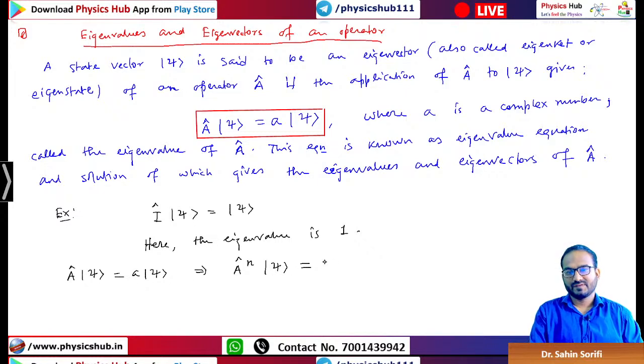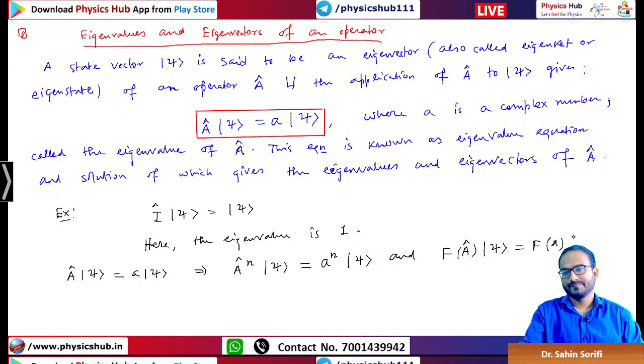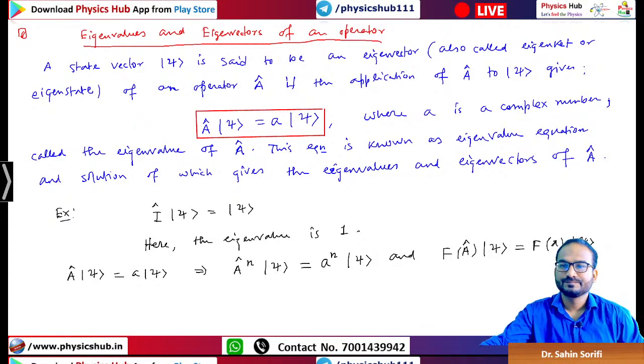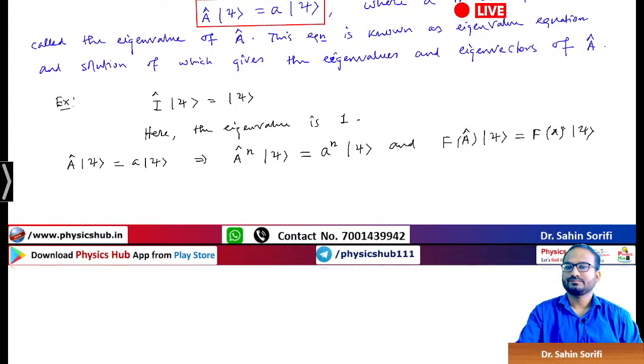So A square, A cube, and in this way if you apply it n times, it will become a to the power n ket psi. And let's say if you apply a function operator f of A on this ket psi, this will give you not A but f of a ket psi. This is f of small a.